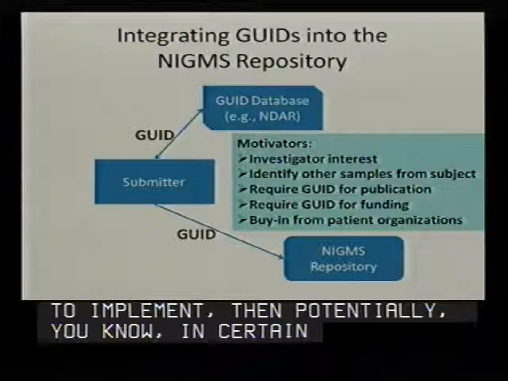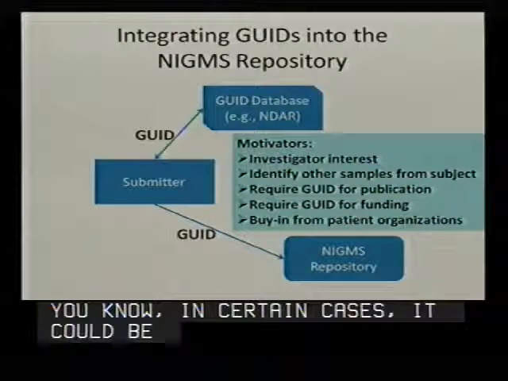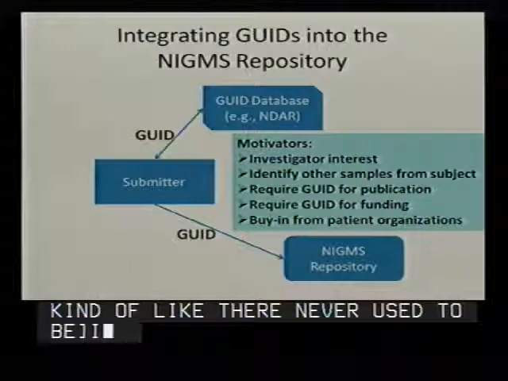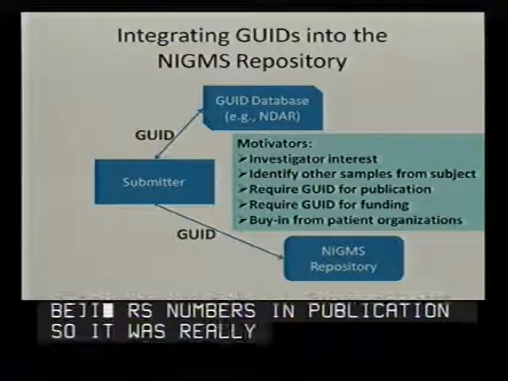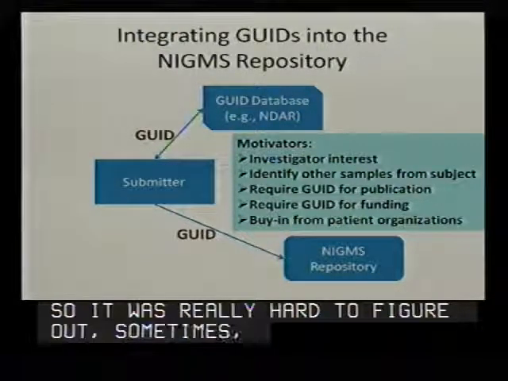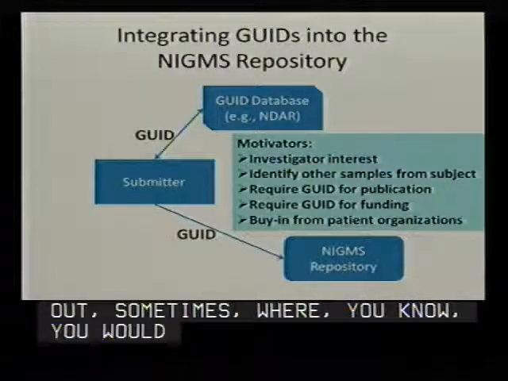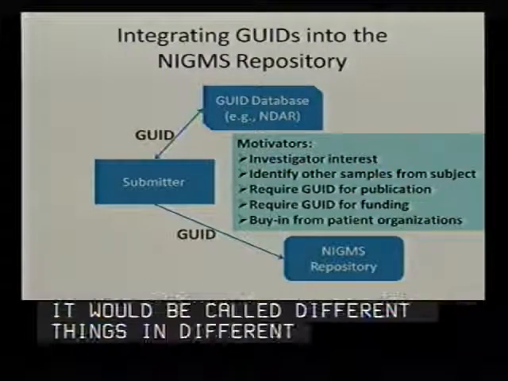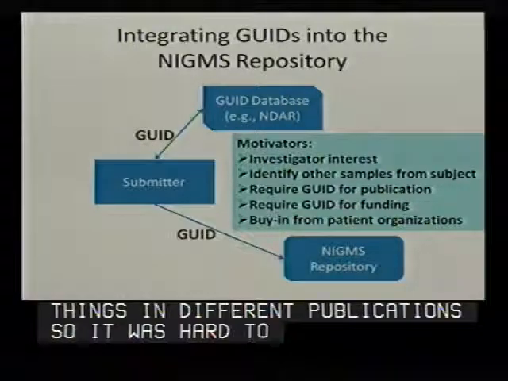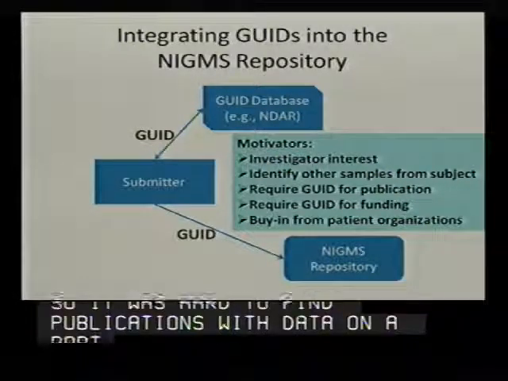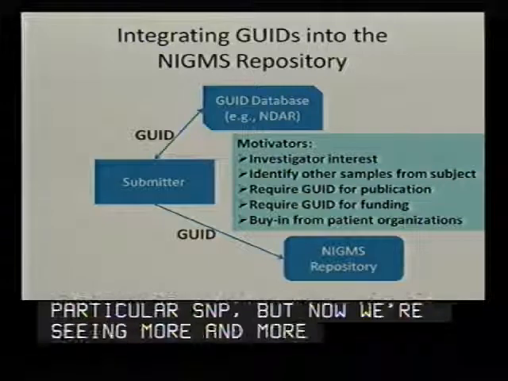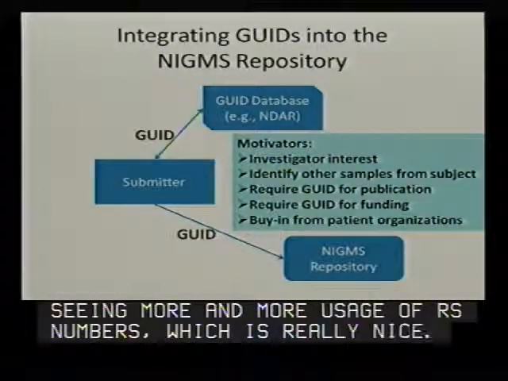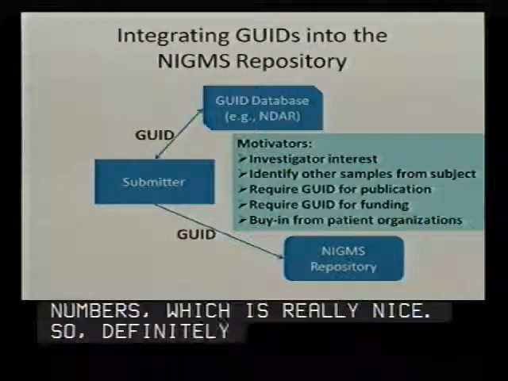There never used to be RS numbers in publications, and so it was really hard sometimes to figure out where you'd have the same SNP, but it could be called different things in different publications, and then it was hard to find all the publications with data on a particular SNP. But now we're seeing more and more usage of RS numbers, which is really nice. So definitely having journals buy into it would be great.